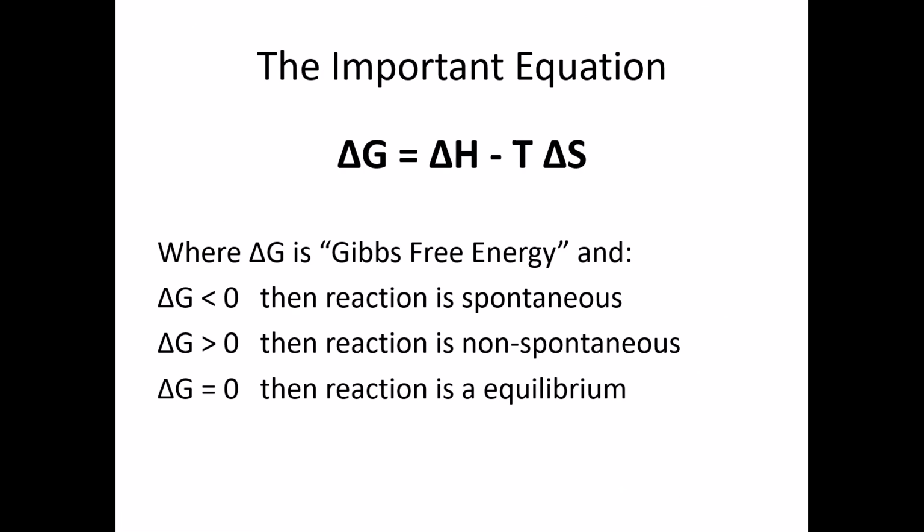Alright, and that leads us to the most important equation for what we're going to talk about in this part, the Gibbs free energy equation. So this is the equation that we just derived based on our delta S of the universe. So our delta G determines spontaneity for a reaction.